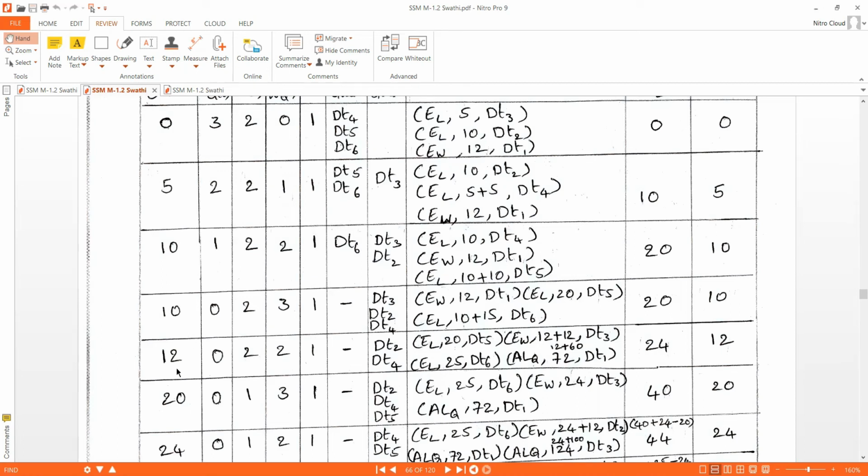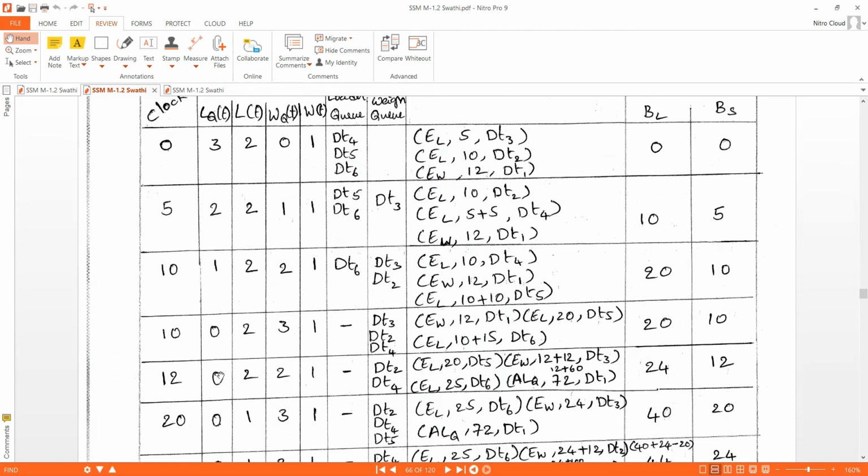At simulation clock time 12, there is no one in the loader queue, so the loader queue is 0, and the loaders are busy loading.